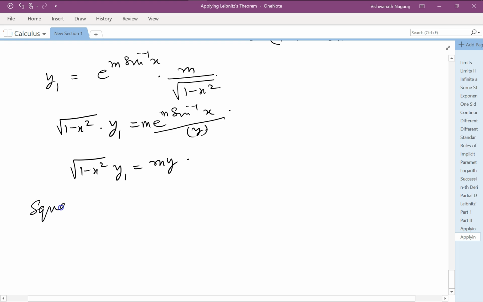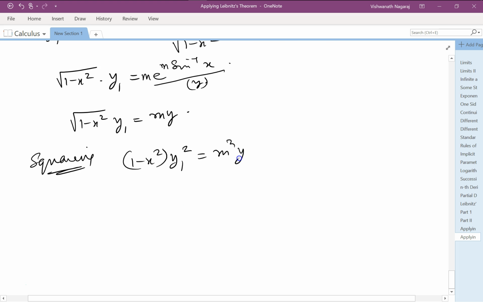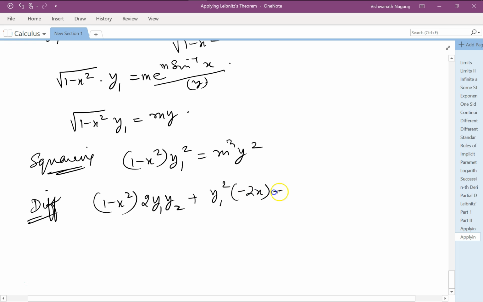Now to remove the square root, squaring. So 1 minus x square y1 square is m square y square. So let's differentiate it once more. 1 minus x square as it is. Now we differentiate y1 square, so that becomes 2 y1 y2, plus y1 square remains as it is and we differentiate the other. So minus 2x is equal to m square 2y1.